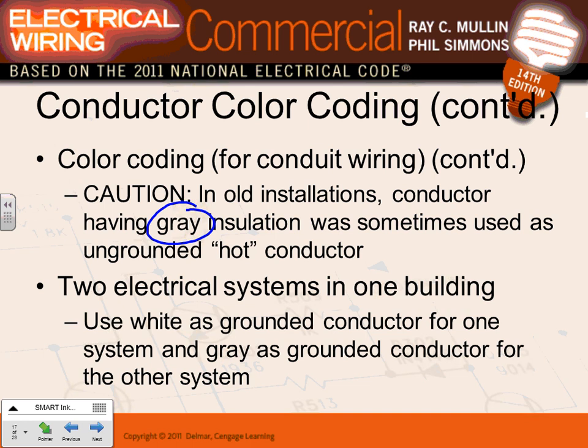If you have 2 systems in a building, this is very important, Joe, my friend. If you have 2 systems in the building, you have to have color coding for the 2 systems. So if you have 2 systems, 480/277 and 208/120, you have to have one color code for the phases and the ground of this system, and another color code for the phases and the ground of the other system.